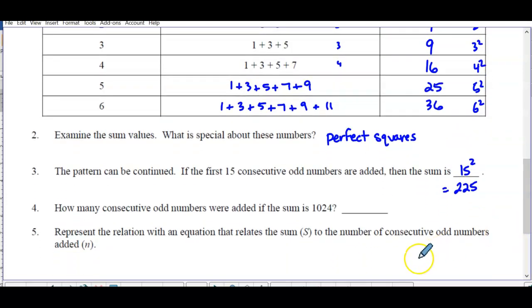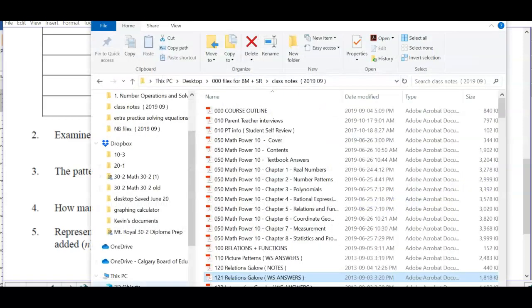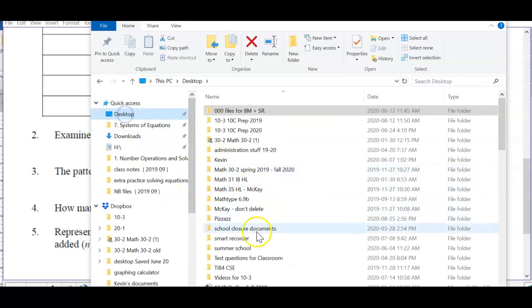How many consecutive odd numbers were added if the sum is 1024? Now you want to think about what squared equals 1024. Remember, you've learned a little bit about square roots, so you can take the square root of 1024. If you're not sure, I just have to get my calculator up here.